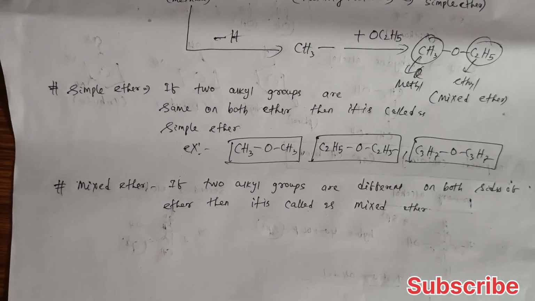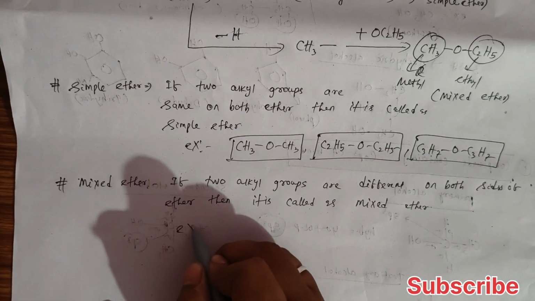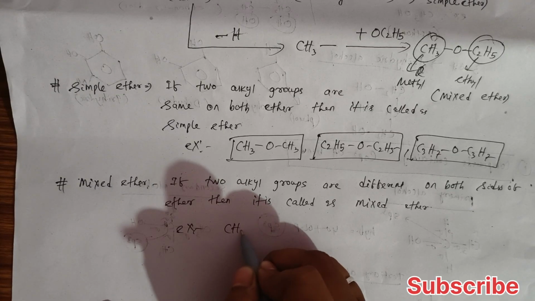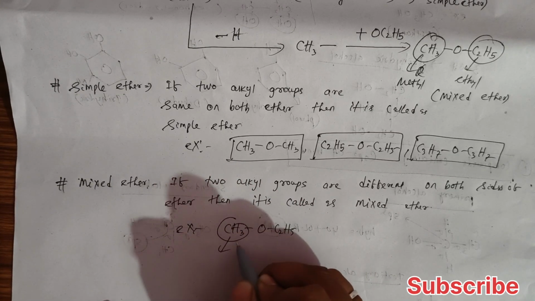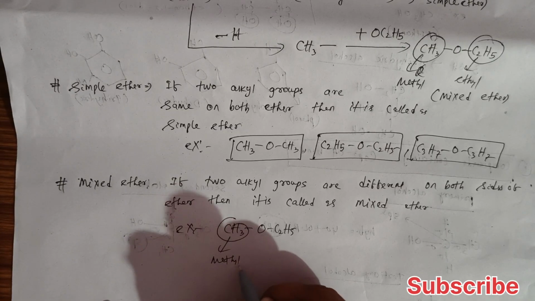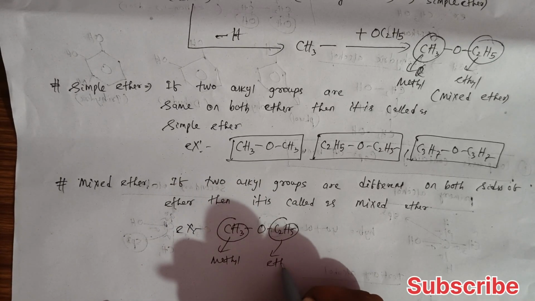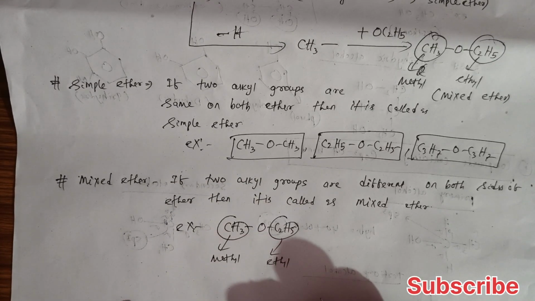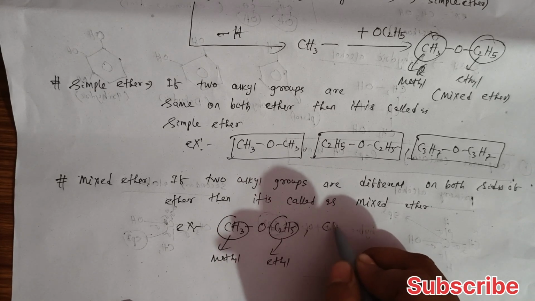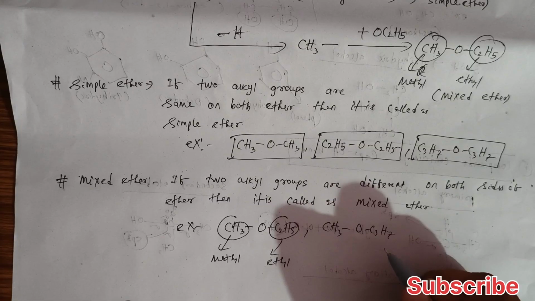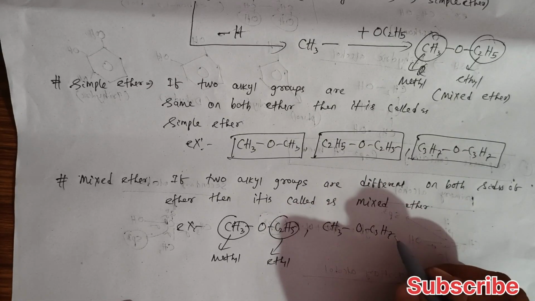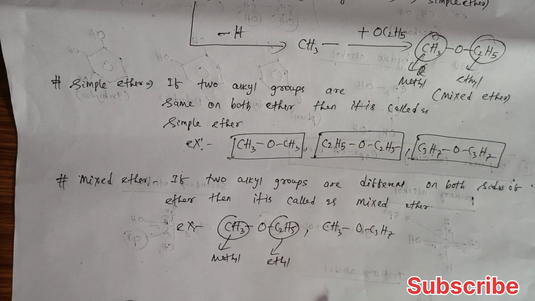I hope it is clear to all of you. So let us take some examples also. If I take CH3OC2H5, you are all clear here, CH3 is methyl, C2H5 is ethyl. That means it is an example of a mixed ether. Like this, CH3OC3H7 is also an example of a mixed ether. So I hope it is clear to all of you.